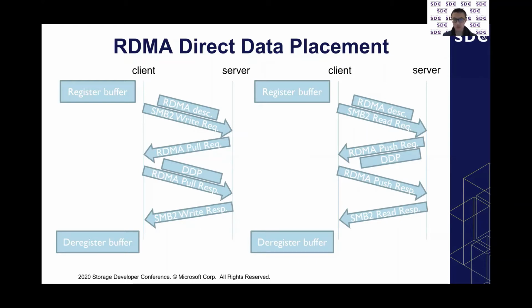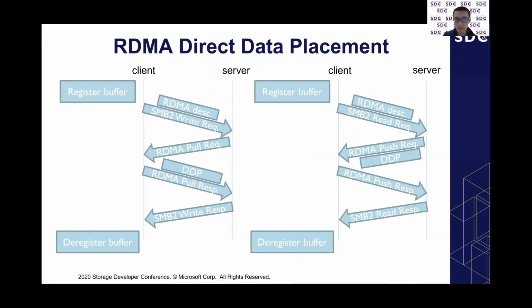For encryption and signing purposes, what we need to do is make sure that the content of the buffer, for example for write, needs to be either signed or encrypted before registration.